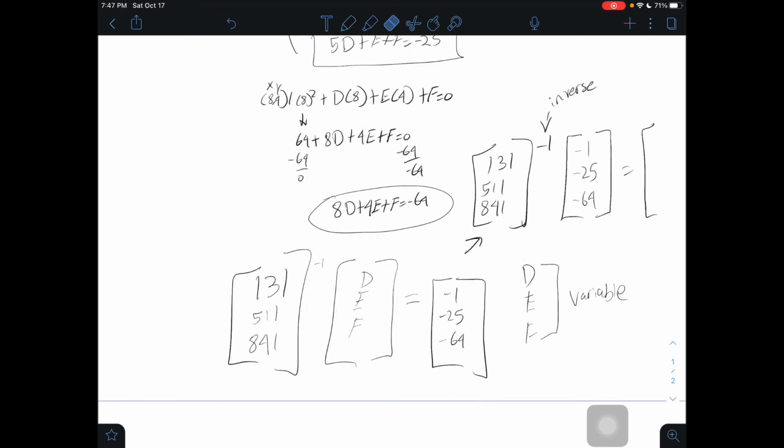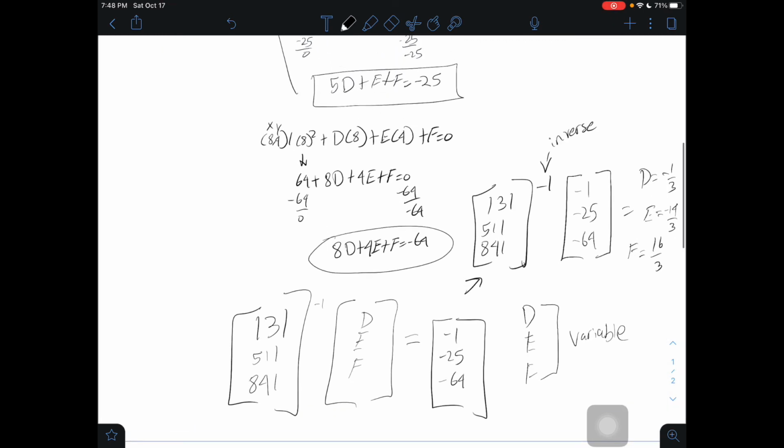So after entering this into the calculator, we get D equals -1/3, E equals -14/3, and we get F equals 16/3. So now we're just going to substitute back into the equation x squared plus dx plus ey plus f all equals 0.